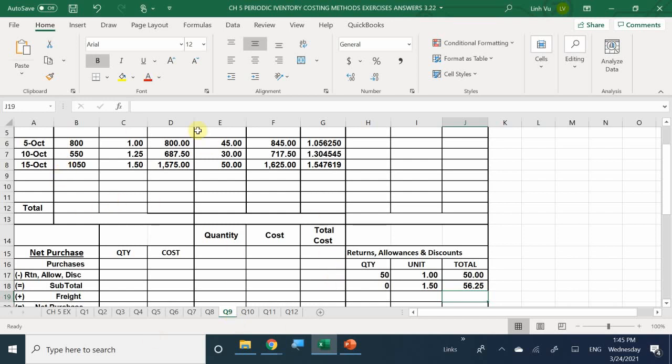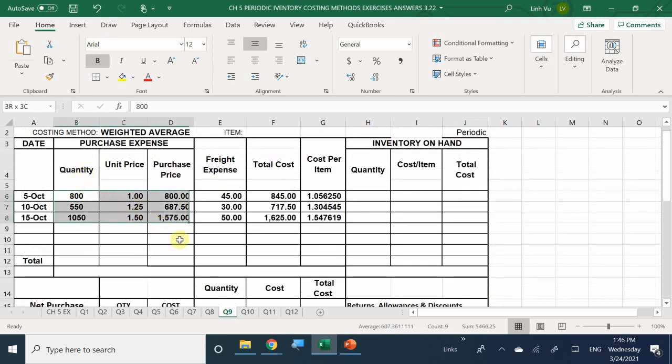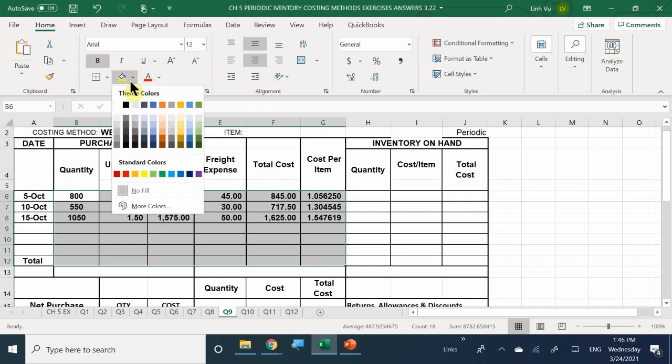Oh, I forgot to use colors. I'm sorry. So this section we can call this. What color do you want to make this? What I was actually doing is, say for the October 5 quantity, I have a very light yellow, and down in my returns under the 50, I have a very light yellow to compare those two.